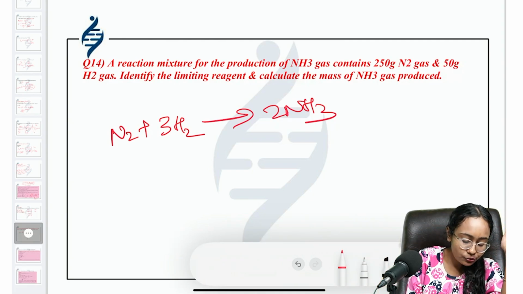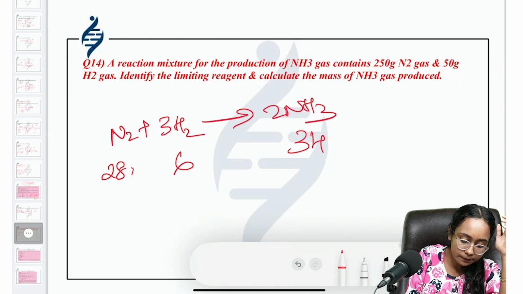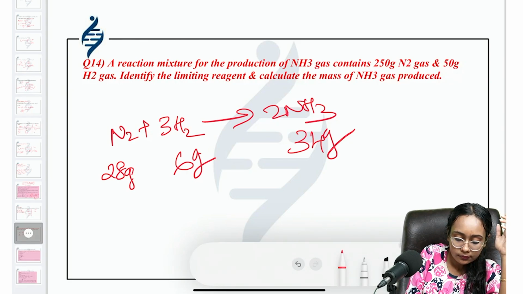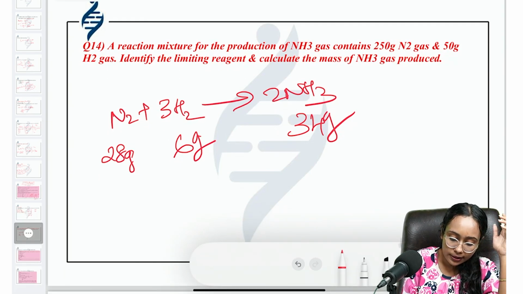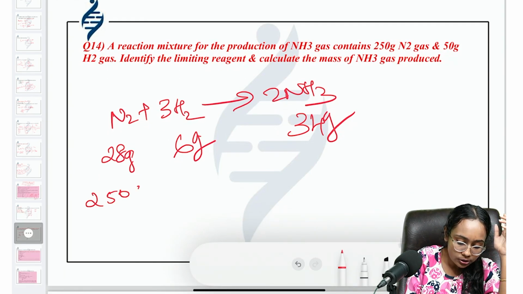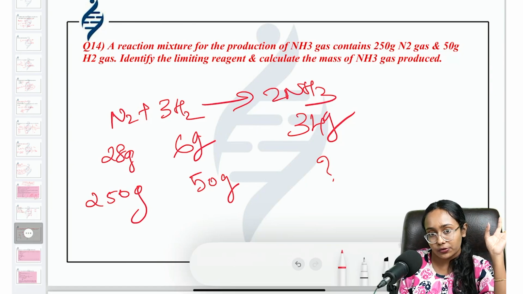Now, N2 means 28 grams, 3H2 is 6, so in total 34 grams, right? Ammonia, 28 plus 6 is 34. The given mass of N2 is 250 grams. Hydrogen is 50 grams. We need to find the limiting reagent and the mass of NH3 produced.